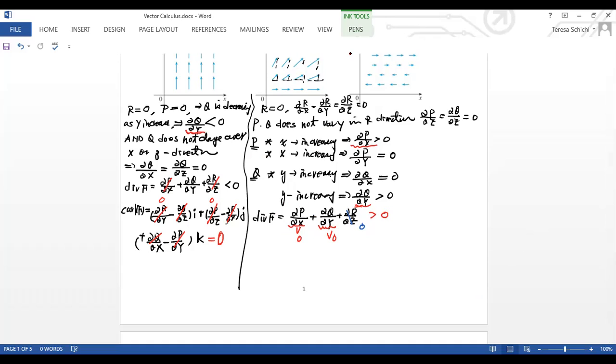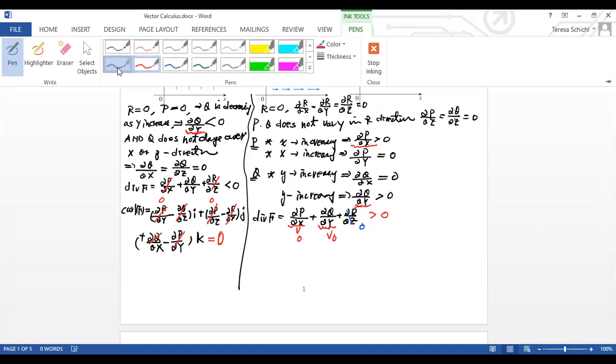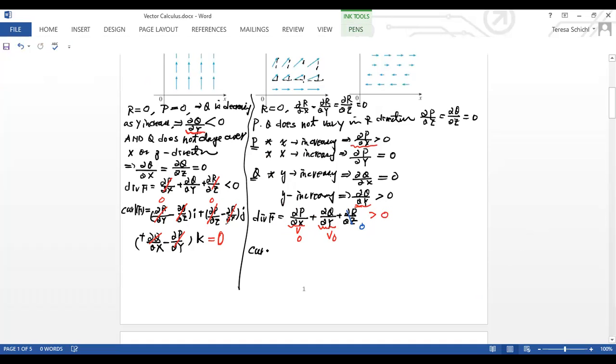Okay, so now we can take a look at the curl. You can just plug into the formula.